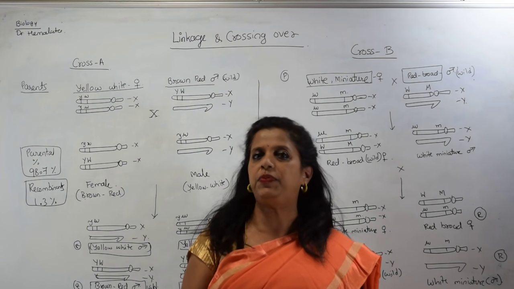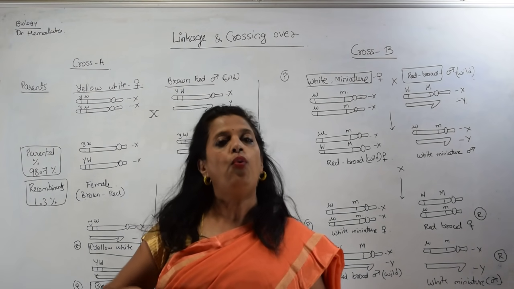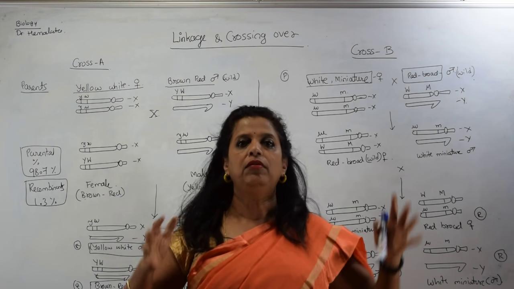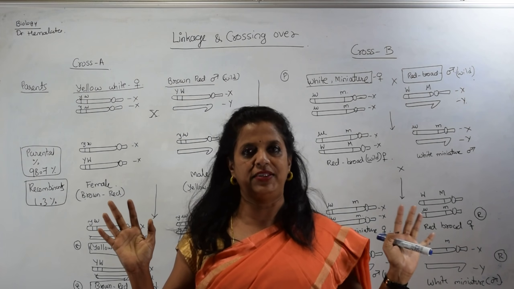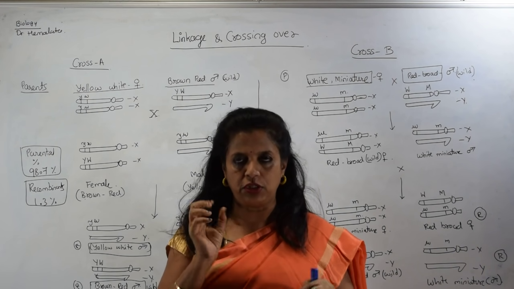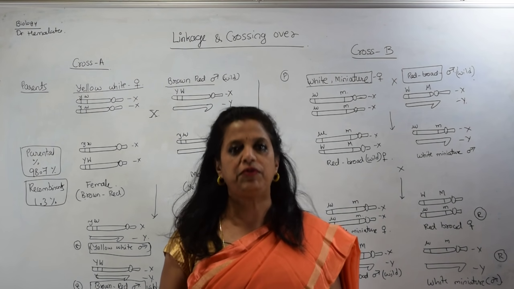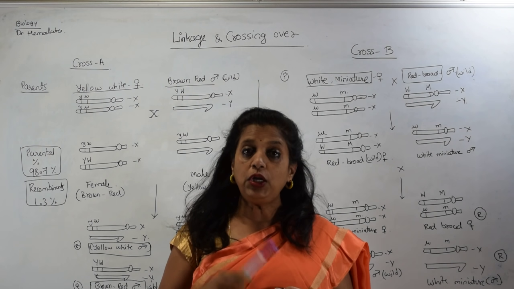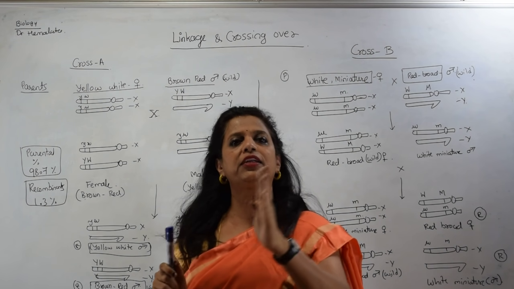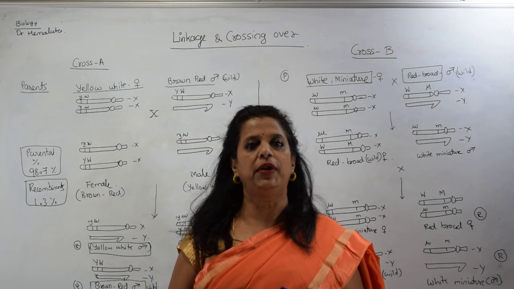At that time he did not know anything about chromosomes or DNA. Once science advanced, the word chromosome came into existence, as we discussed already. Each chromosome has a large number of genes. All those 7 characters were found on 7 different chromosomes, therefore they were showing independent assortment.